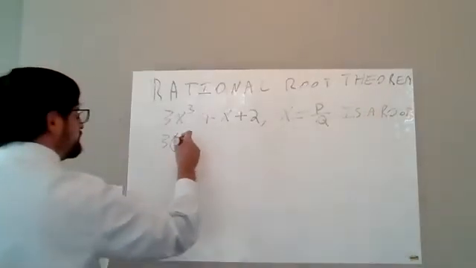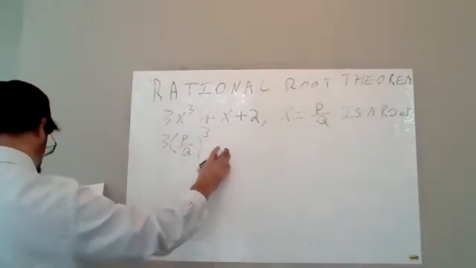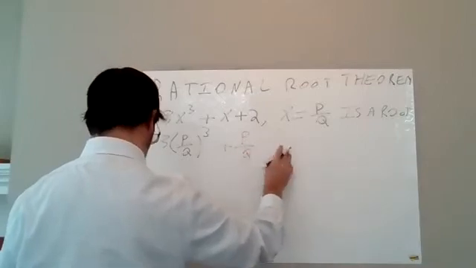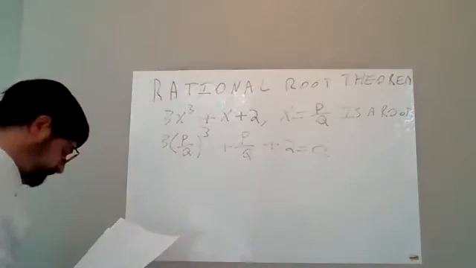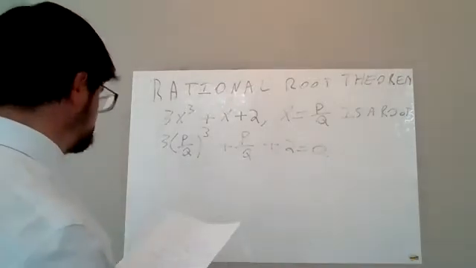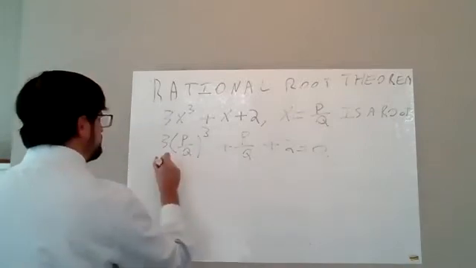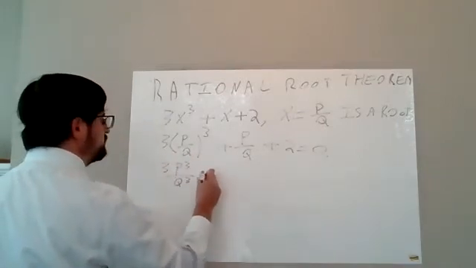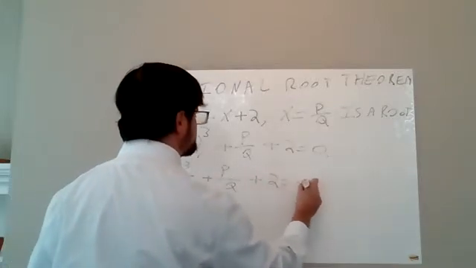So this is 3 times (p over q) cubed plus p over q plus 2 equals 0. And now we'll expand that out: 3p cubed over q cubed plus p over q plus 2 equals 0.